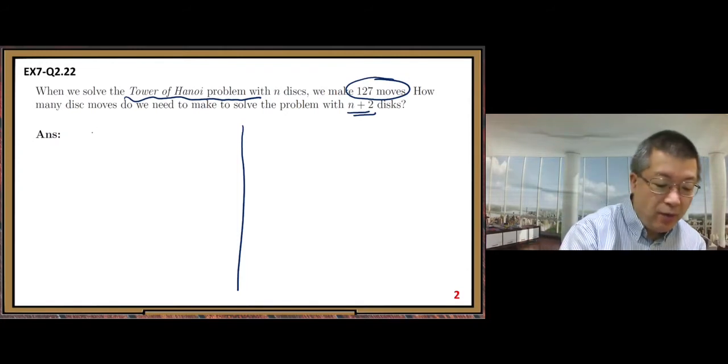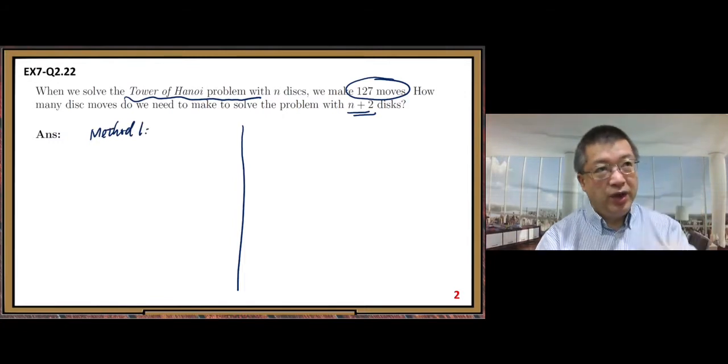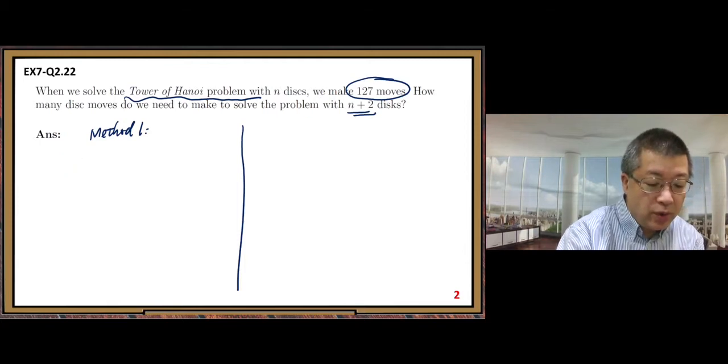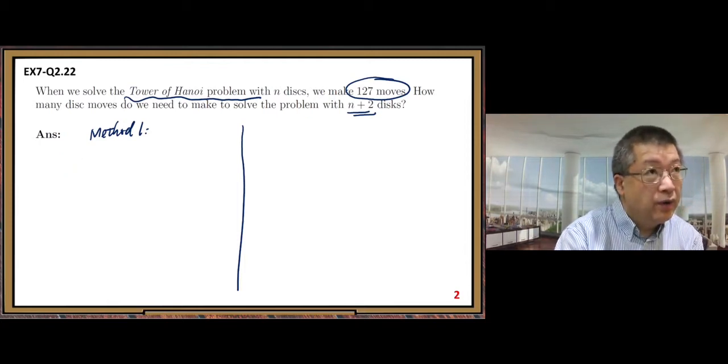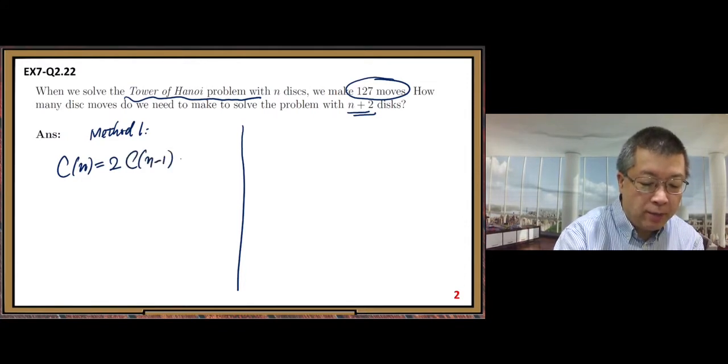All right, so method 1. We use the recurrence relation C of n equals 2C of n minus 1 plus 1.